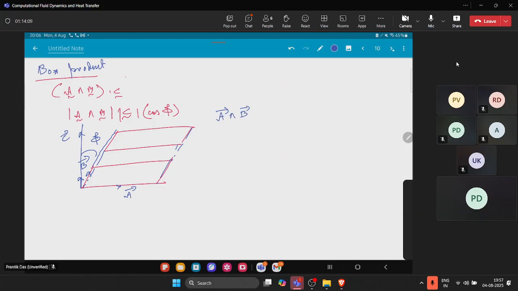So A cross B dot C vector will basically give you the volume of the parallelepiped.